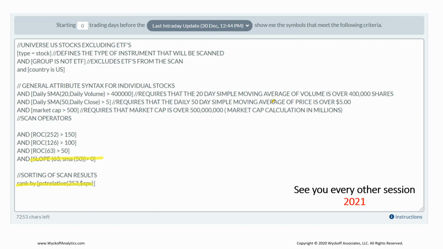So we use sorting in structural scanning as an independent element of the scan itself. In this particular case, relative strength orders our results for us. So those are some of the concepts we have coming up this year.